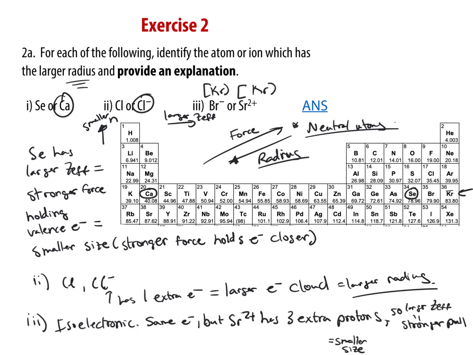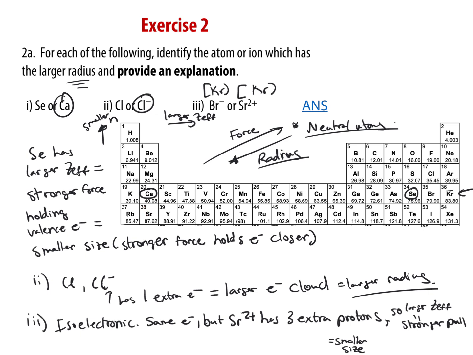They have the same electrons, but Sr2 plus, Sr is atomic number 38. So compared to Br minus, it has 3 extra protons, 38 versus 35. And therefore, when we think about Z effective, or that ratio of protons to electrons, we have extra protons in the nucleus.